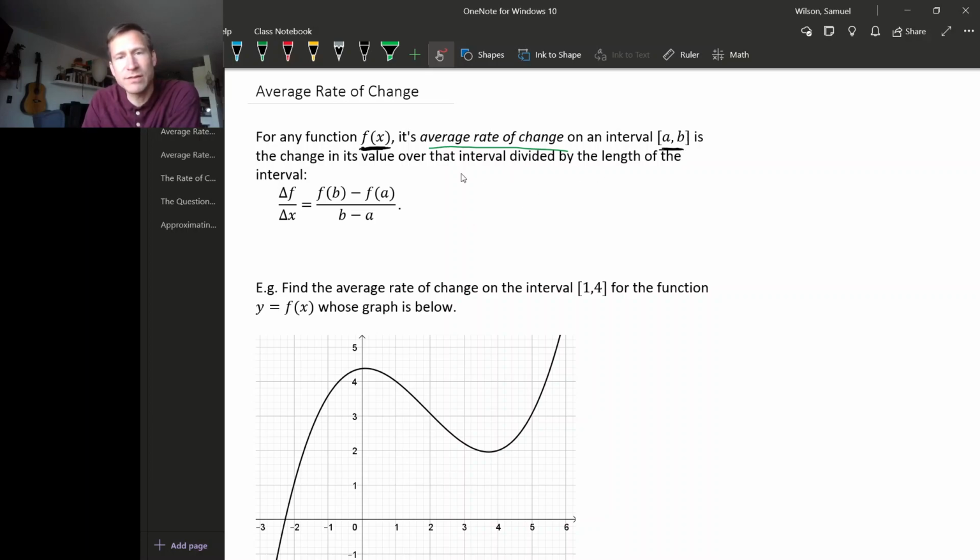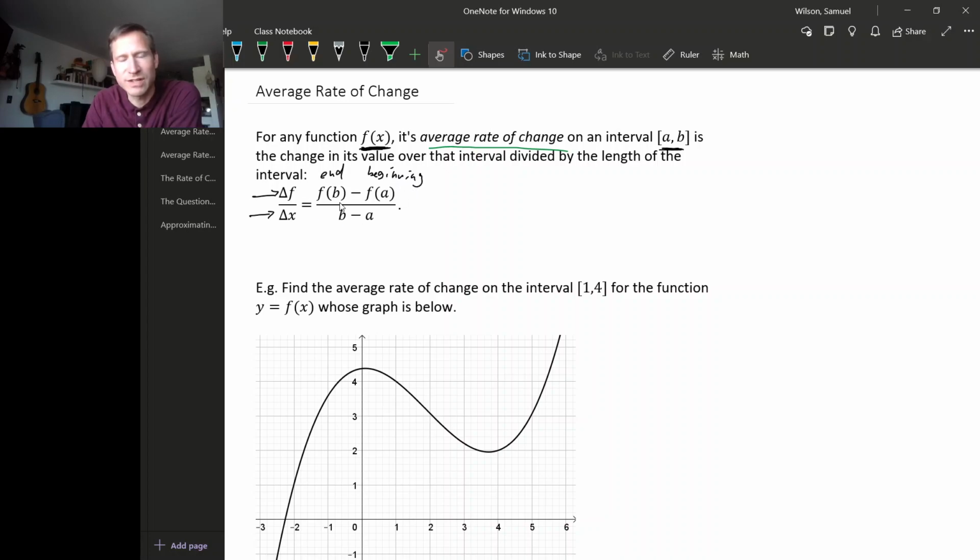So in this case, to calculate the average rate of change of f of x, what we'll do is just figure out how much f itself has changed, that is, how much the outputs have changed, and divide that by how much the inputs have changed. And the order here is important, so we always have the end value first and the beginning value second.